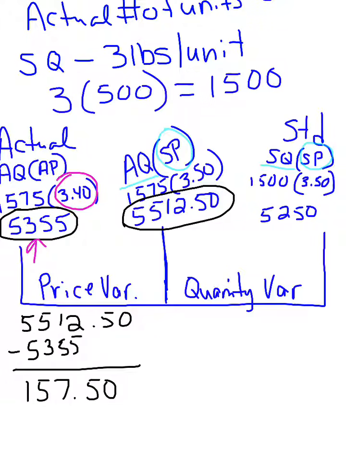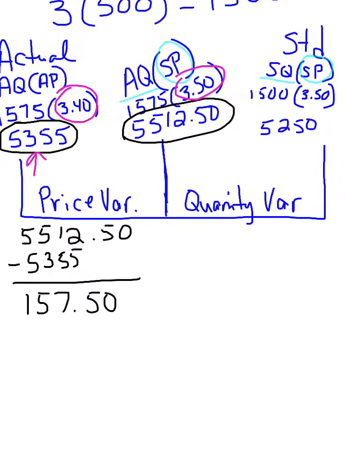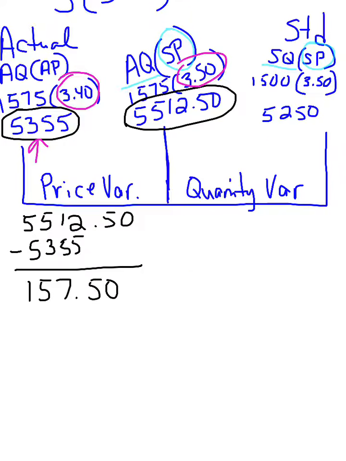If I have $340 here and I have $350 here, I actually spent less than I thought I was going to spend. When I spend less than I thought I was going to spend, it costs me less money. I actually pay less than what I thought, and that is a favorable variance. So that's a good thing.